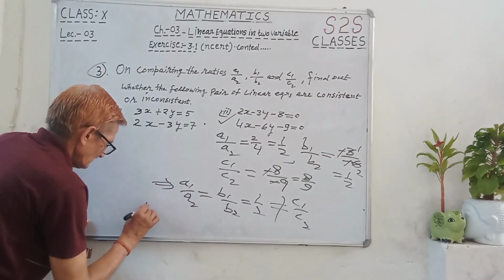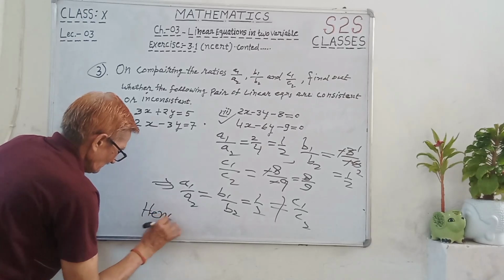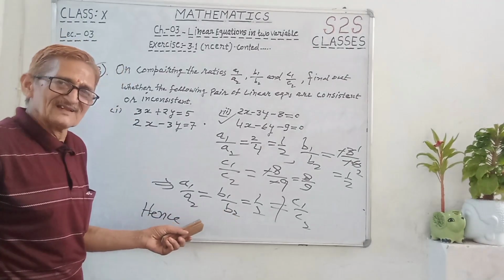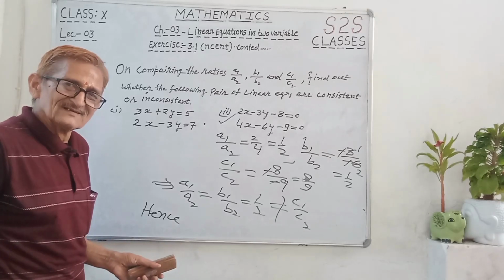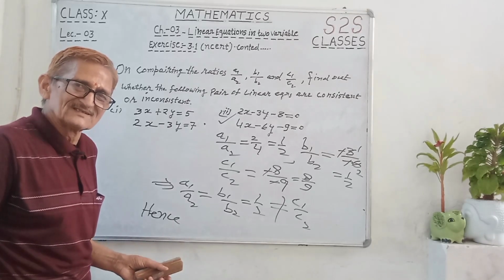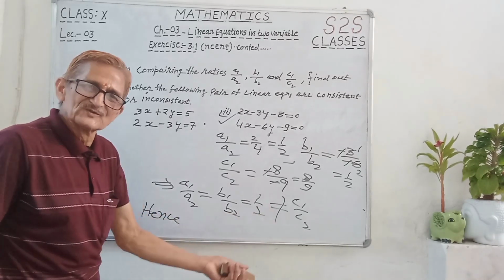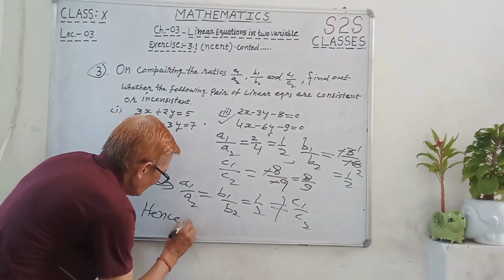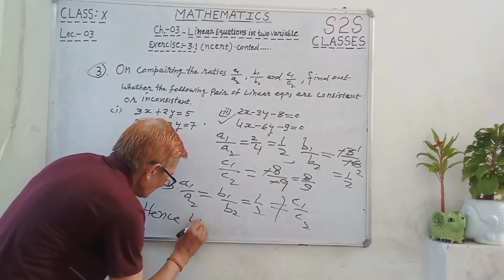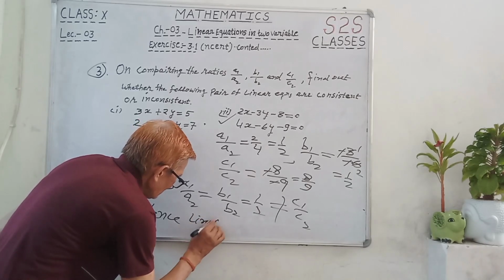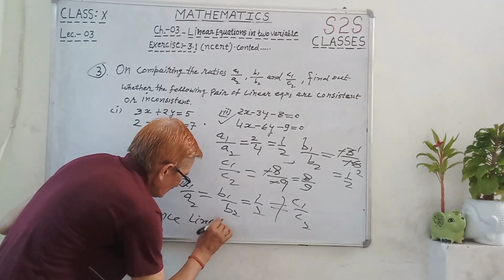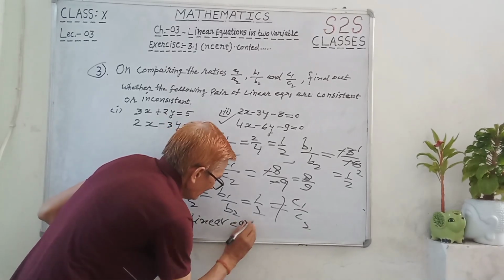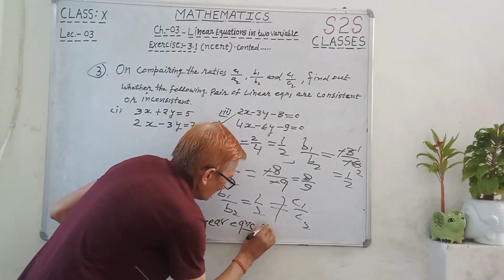Hence the lines are parallel, and parallel lines mean the pair of linear equations has no solution, so it is inconsistent. Hence the linear equations are inconsistent.